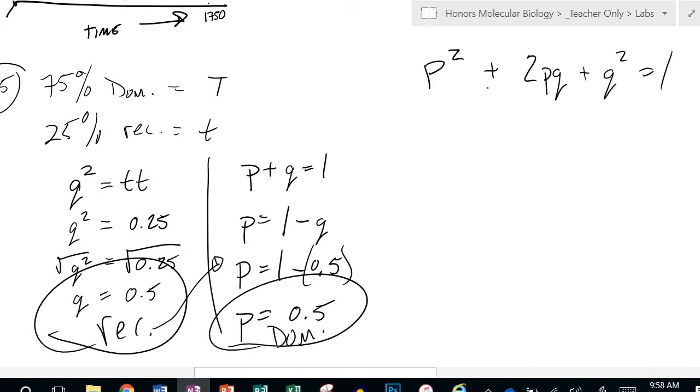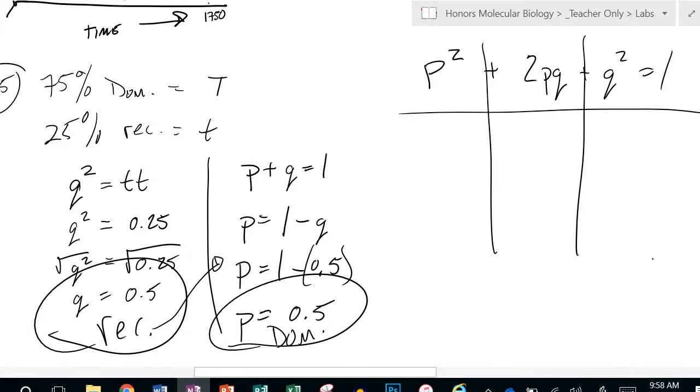What do these all mean? Well, pretty easy. All we have to do is plug in, and we know that this P squared is going to be homozygous dominant, TT.